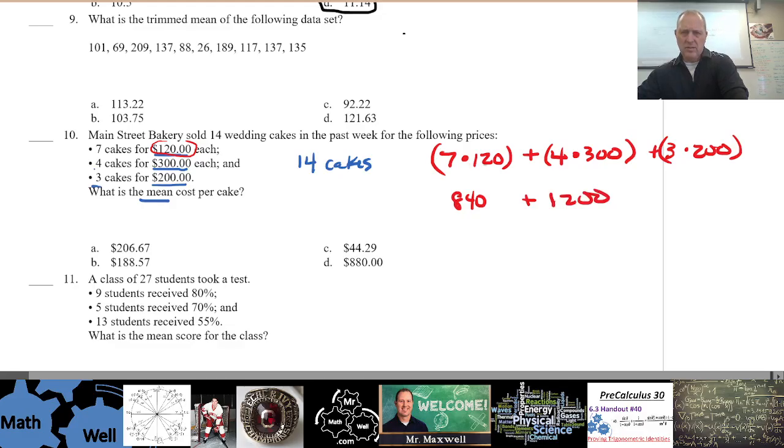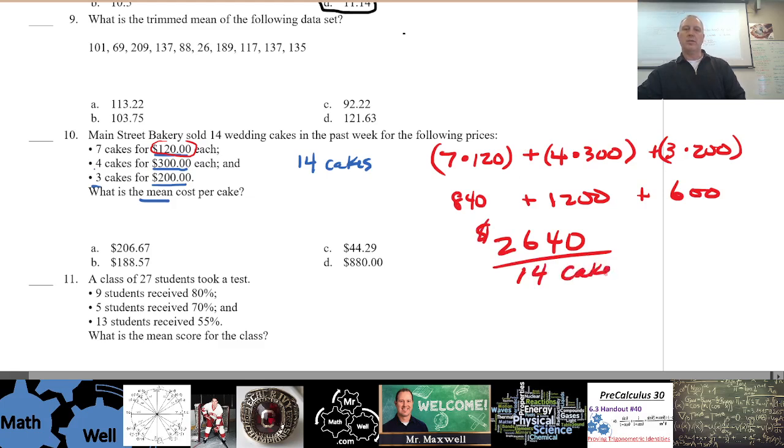Did I do that in my head? Did I do that right? Okay, so let's add that up. So 840 and 1200 is 2040, and then 600 is 2640. Okay, so that's the total amount of money for all the cakes, and that is for 14 cakes.